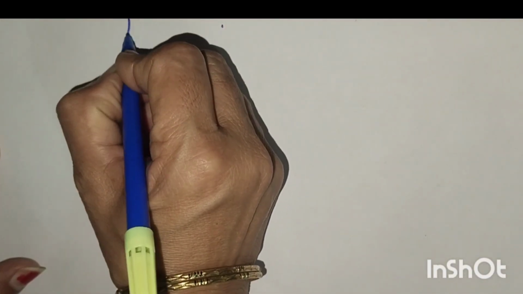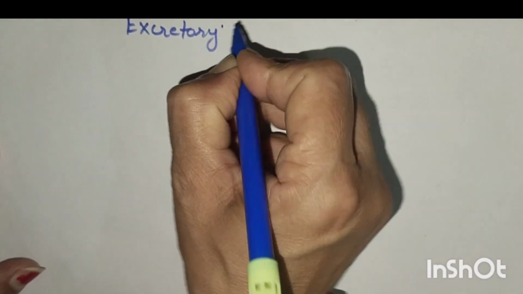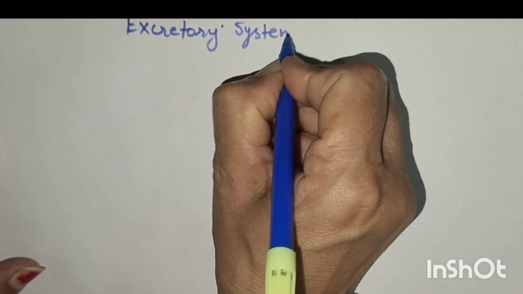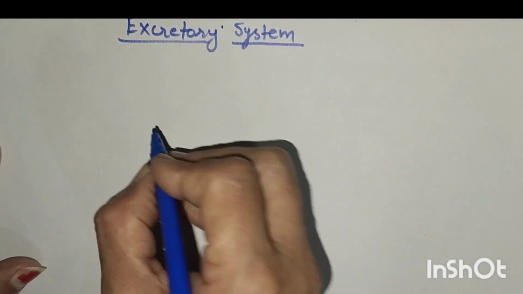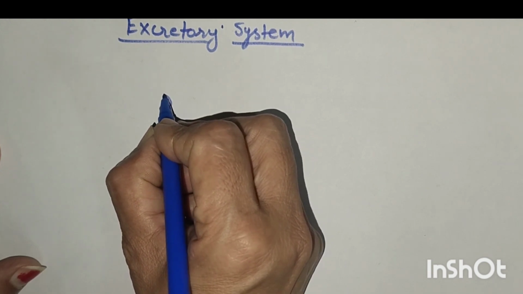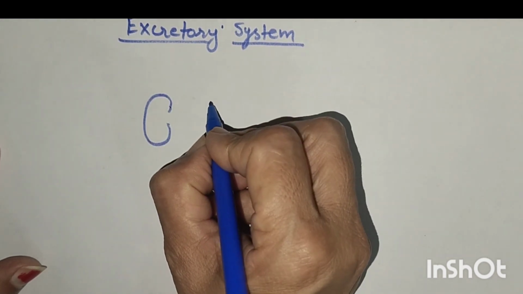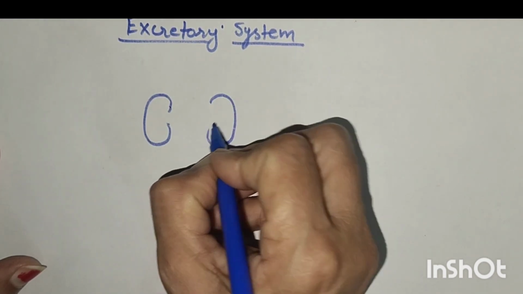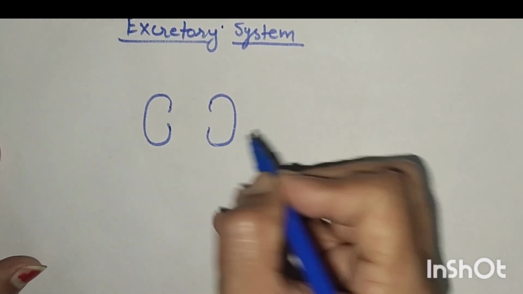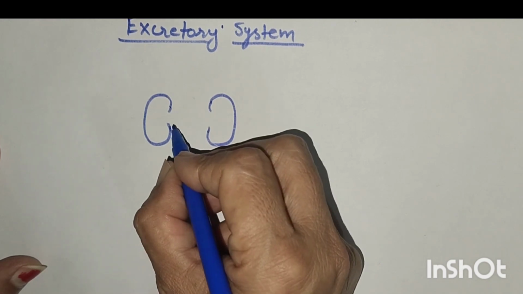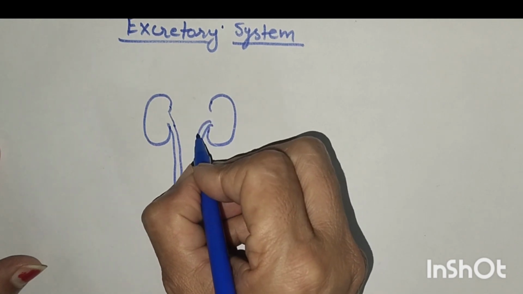Students, today we will discuss the excretory system in human beings. The excretory system starts from the kidney. In our body there are two bean-shaped kidneys, and from these kidneys two tubes arise, one from each kidney.